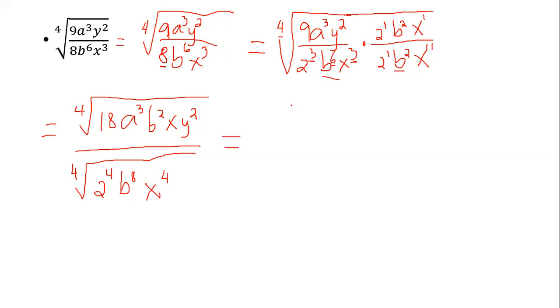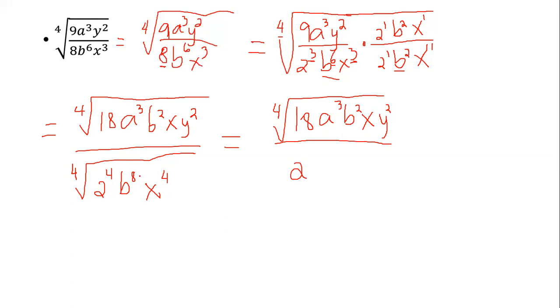And that will be equivalent to the fourth root of 18 a cubed b squared x y squared divided by, so magkakancel po yung 4 dito sa ating index. May iwan po yung 2. 8 divided by 4.